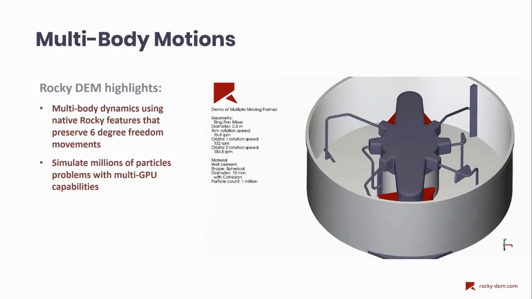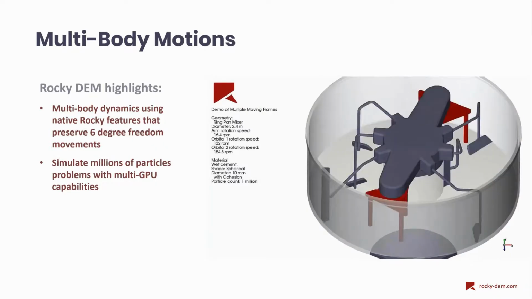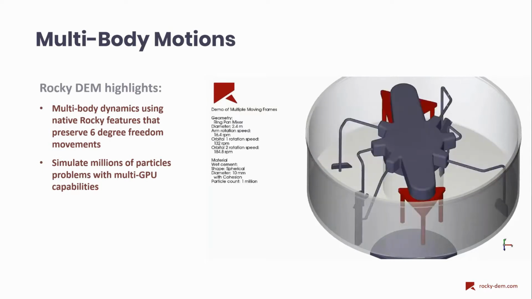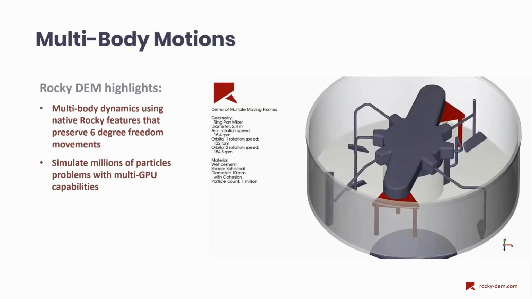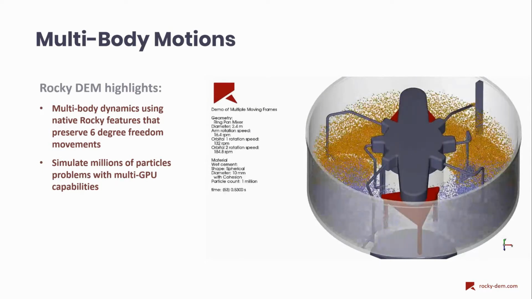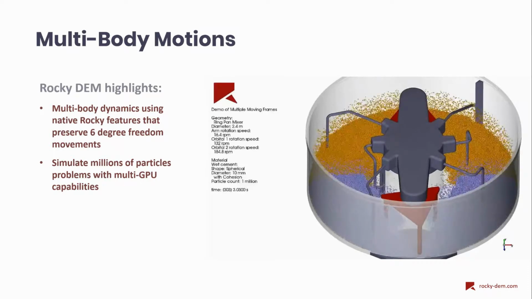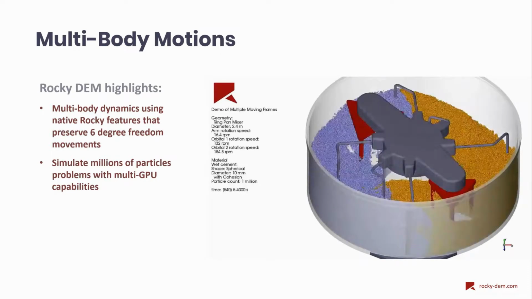The other feature I want to talk about is that Rocky allows you to configure complex geometry movements by enabling as many translational, rotational, and free body motions and absolutely nested combinations of them.